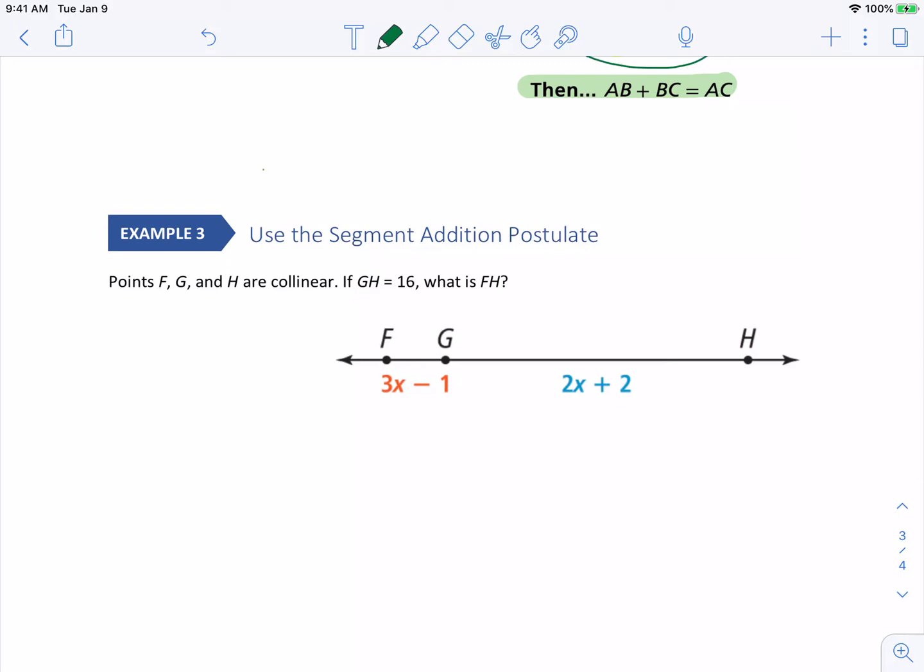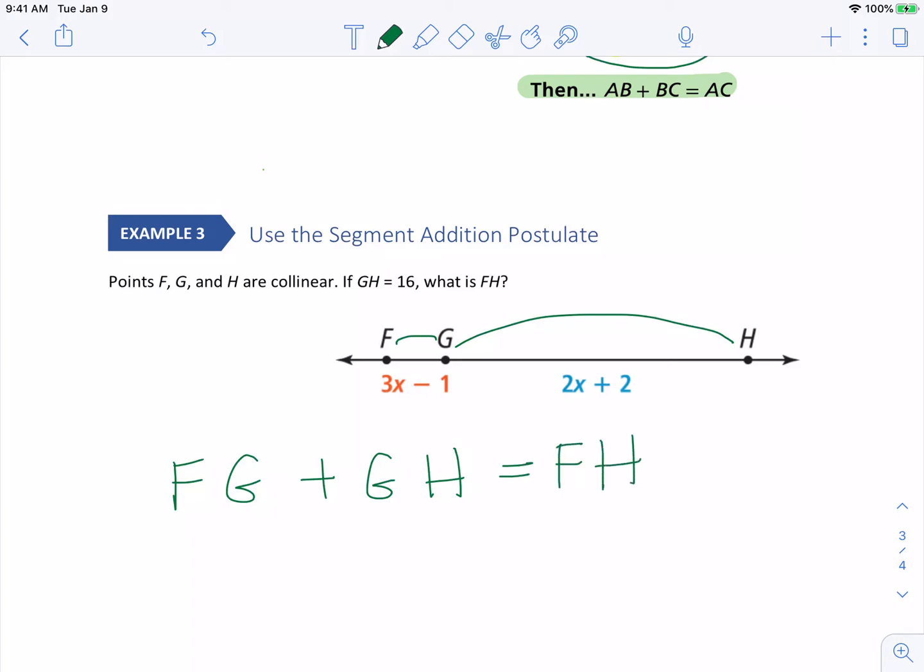Okay? So looking down over here, we have another segment. And I'm going to do a couple things first. So if we have this segment, F, G, and H are points that are collinear on the segment, or on the line, I should say. If we want to add these segments together, well, we know FG plus GH equals FH.